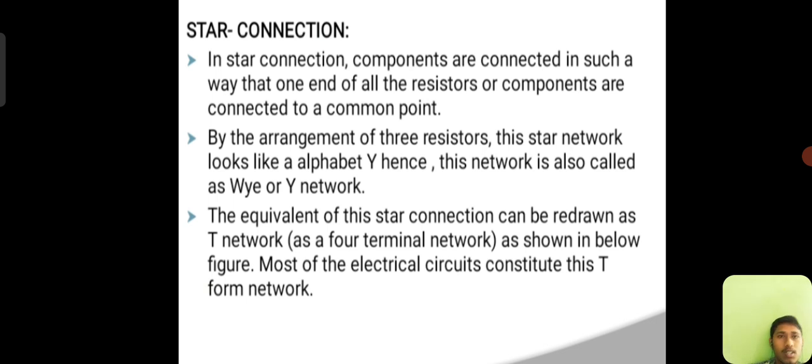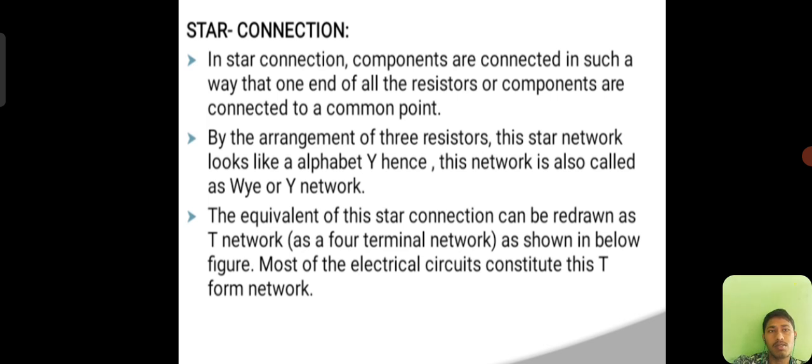Star delta transformations. First we have the star connection. In a star connection, components are connected in such a way that one end of all the resistors or components is connected to a common point, by the arrangement of three resistors. This star network looks like the alphabet Y, so it is also called the Y network.